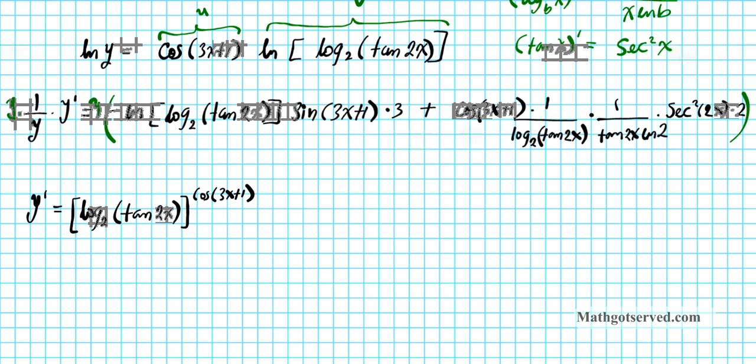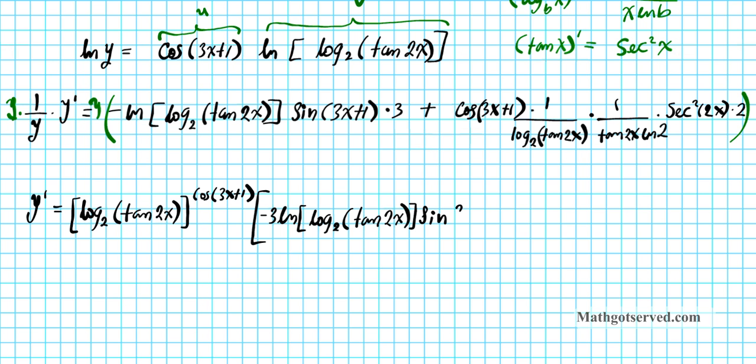Okay, so let's see how we can make this look better. We can just bring the 3 to the front. So it's going to be minus 3 times the natural logarithm of log base 2 of tan 2x multiplied by sine 3x plus 1.